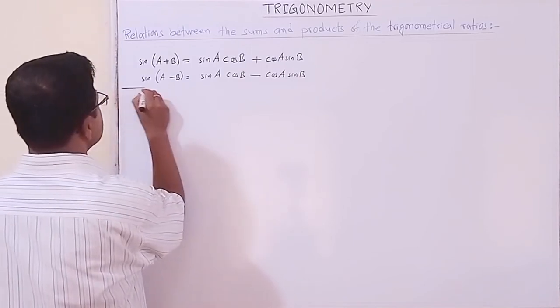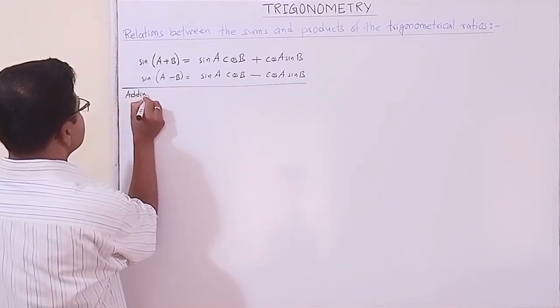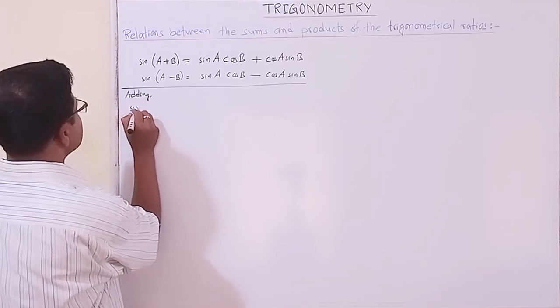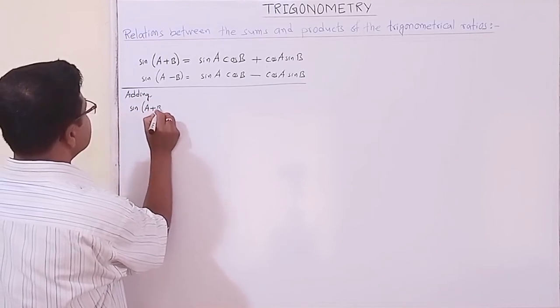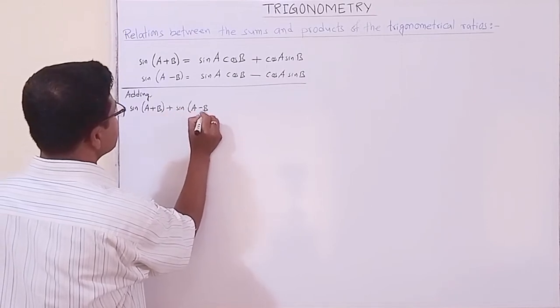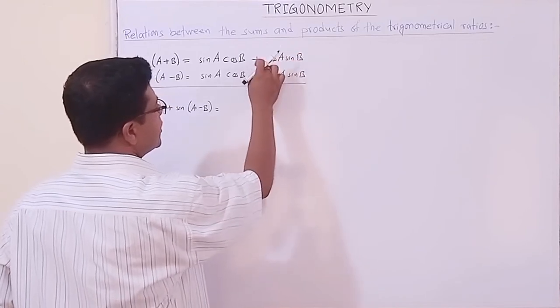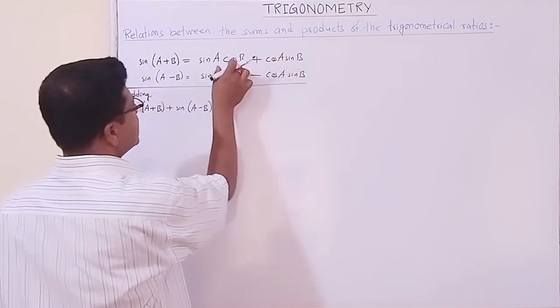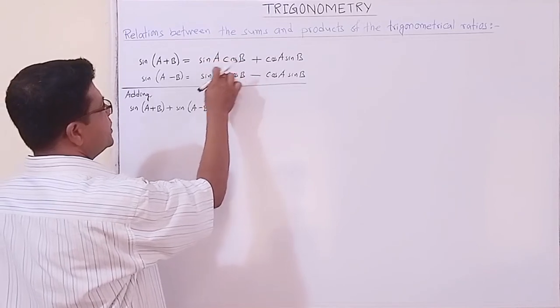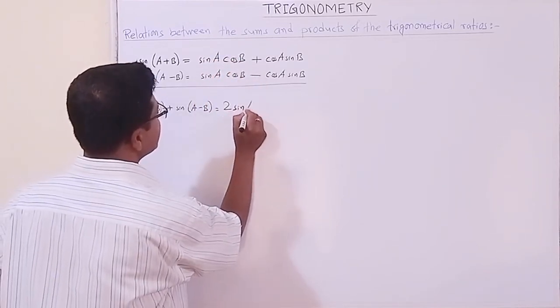Okay, what do we do? Let us add them. Sin(a+b) plus sin(a-b) is equal to, you see, the cos a sin b terms will cancel, they are equal but opposite in sign, but the sin a cos b terms are the same. So if we add, we'll get twice sin a cos b.